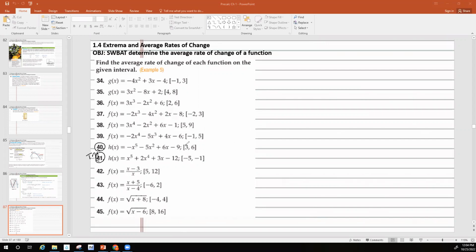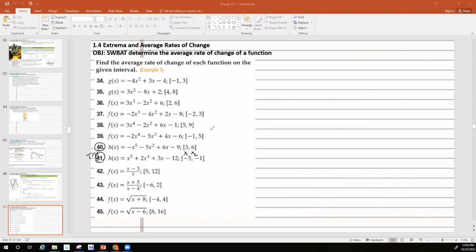All right. So here they're going to give you a function and then they're going to give you an interval. It says find the average rate of change of each function on the given interval. So the interval is your x1, the farthest left point, and then you have your farthest right, x2.